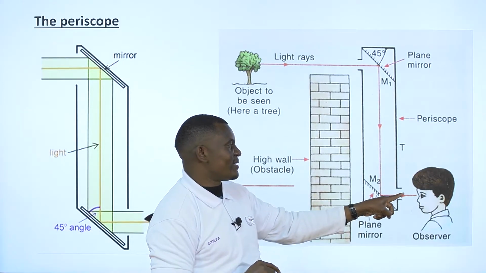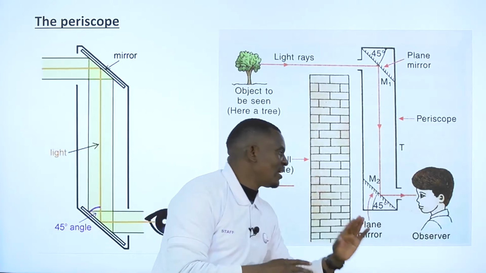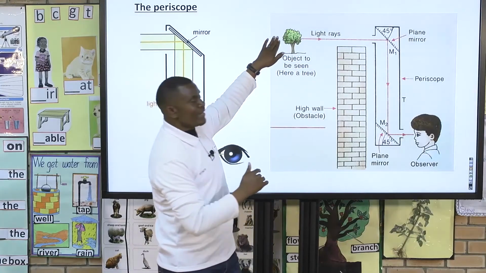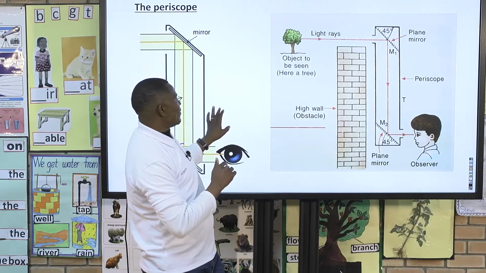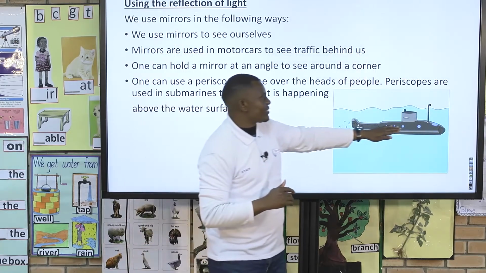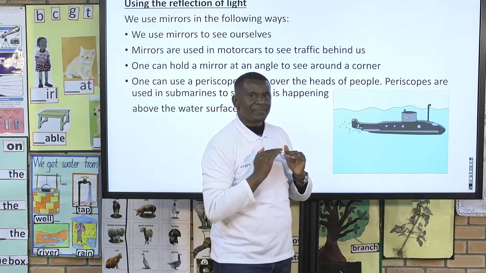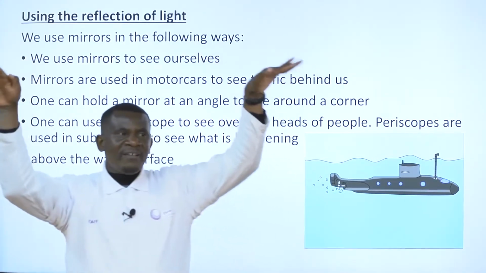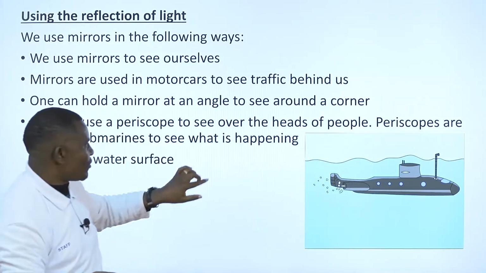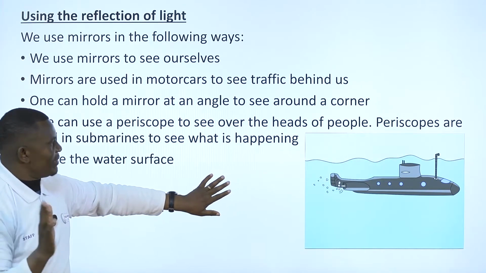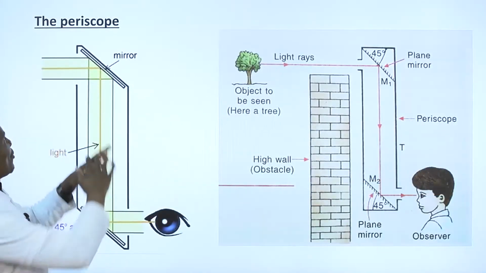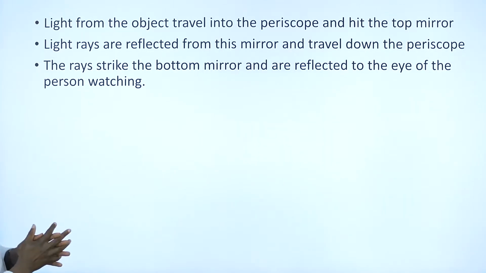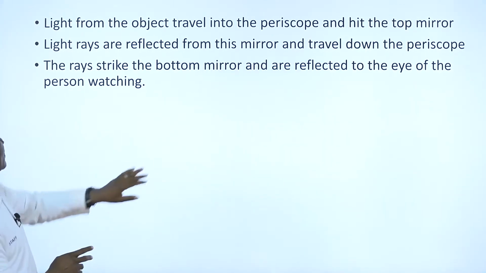Again, it is deflected to the teacher or observer, who can see what is happening on the other side. This is what happens in a submarine. As they are underwater, they are able to see whatever is going on outside, and they'll be safe. So this is one way of using deflection.